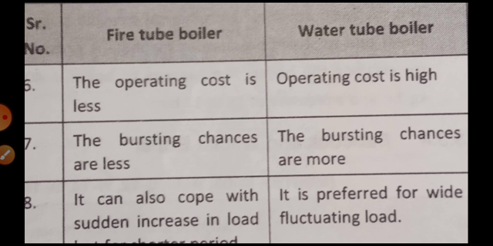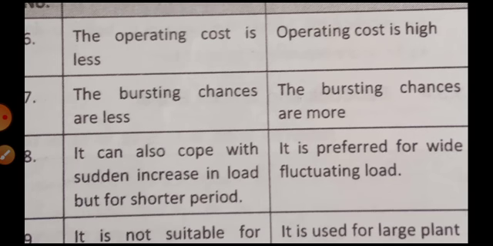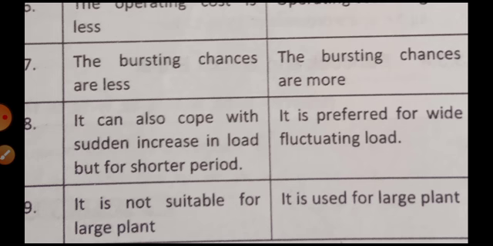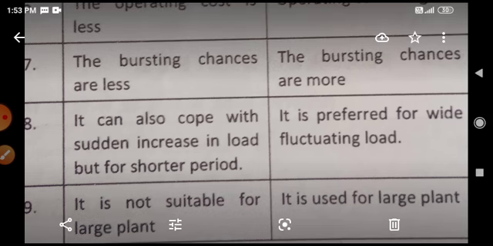In fire tube, the operating cost is less and the bursting chances are less. In water tube boiler, the operating cost is high and bursting chances are high because there is a lot of pressure on the tubes. It can also cope with a sudden increase in load, but for a shorter period. It is preferred for wide fluctuating load. Fire tube is not suitable for large plant, and water tube is suitable for large plant.